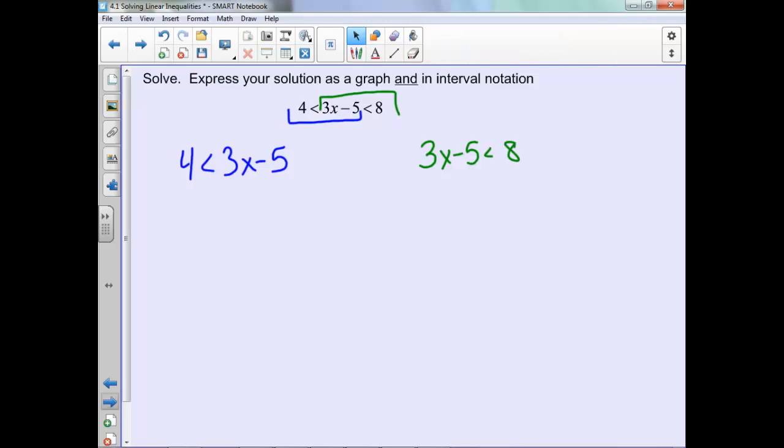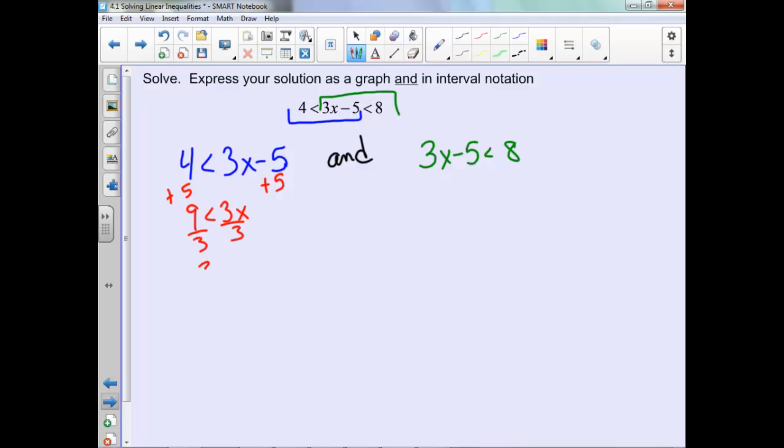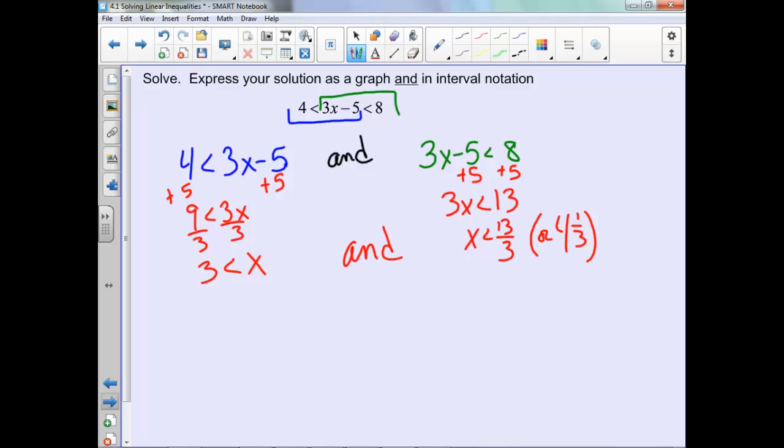And we need to fulfill both of those. So it's going to be an "and," because it needs to be greater than 4 and less than 8. So now we just solve each of these individually. Don't forget we have "and" in the middle here.